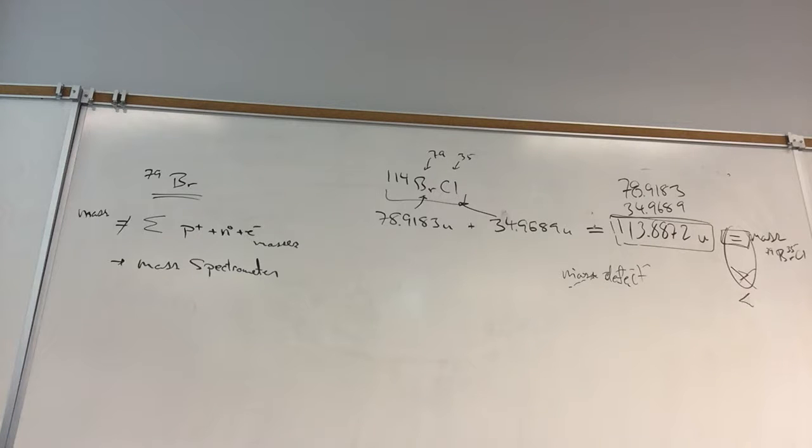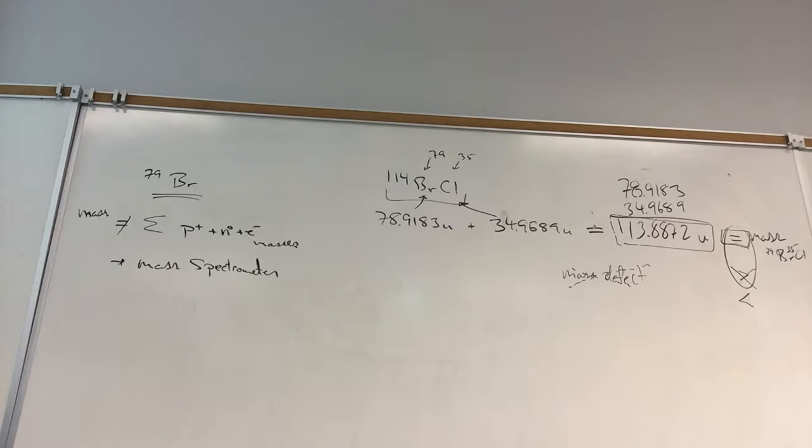Mass spectrometers are capable of giving me a lot of sig figs. If you get a lot of sig figs, we call it highly precise, or highly accurate, or both, highly accurate and highly precise. Highly precise, good.